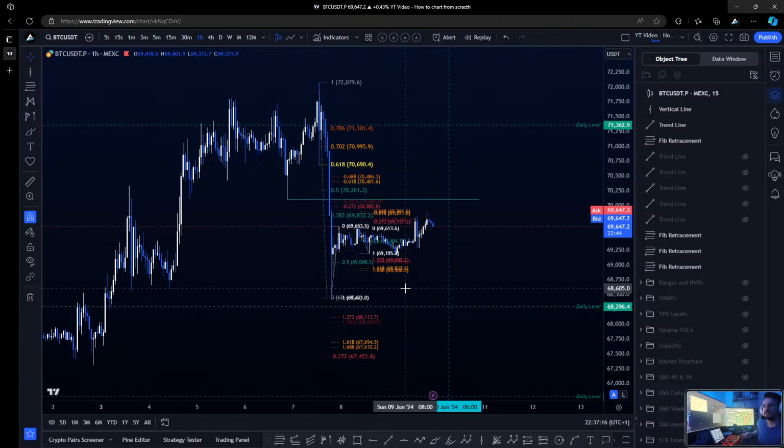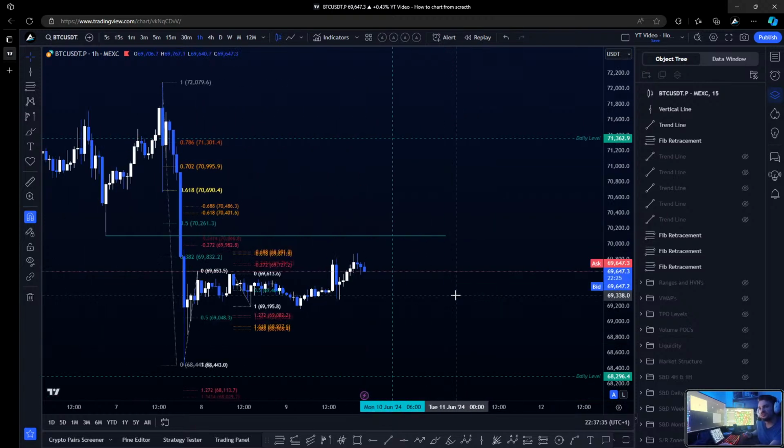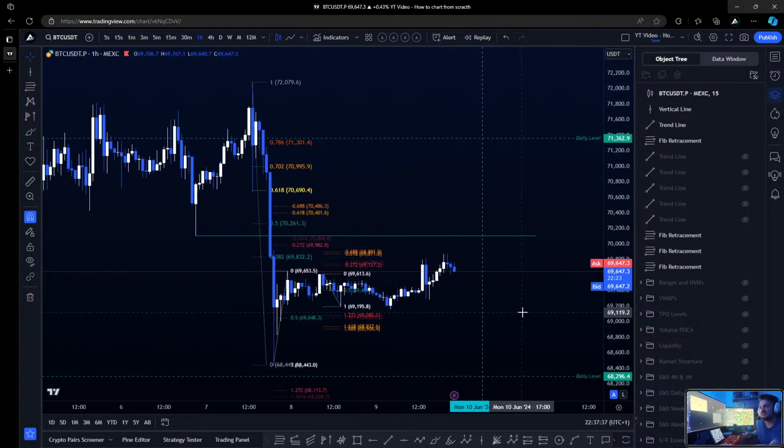So, you know, price is always fractal. What I say is noise in one time frame, it's obviously not noise in a lower time frame than that, right? There's always a trend going on. You just have to look for it in a time frame.